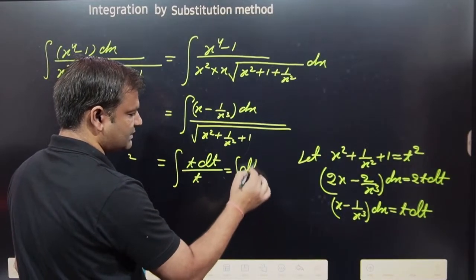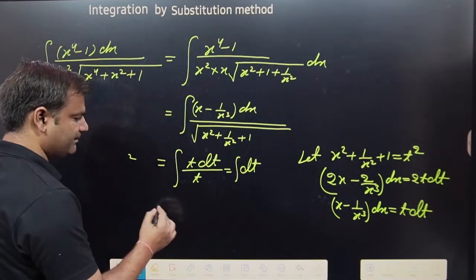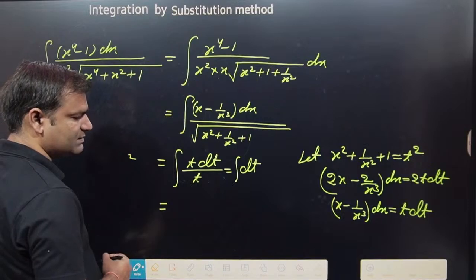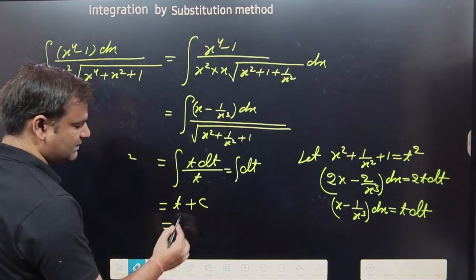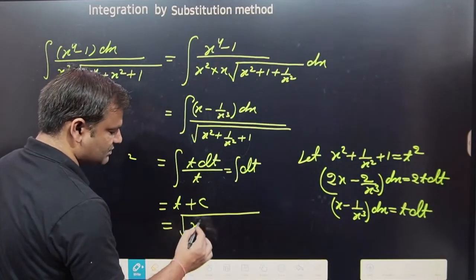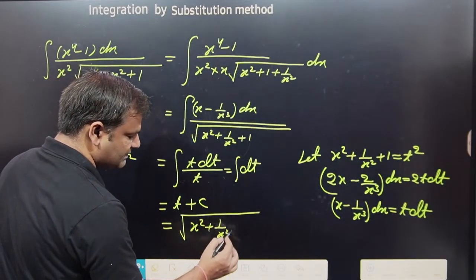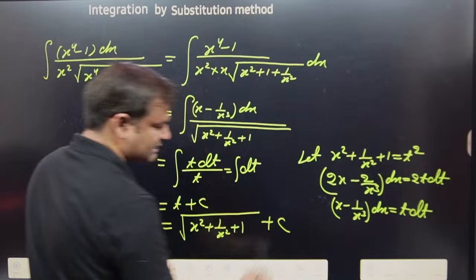So the integration of dt means simply t plus c. And what is t? t is basically x square plus 1 by x square plus 1, plus c is the right answer.